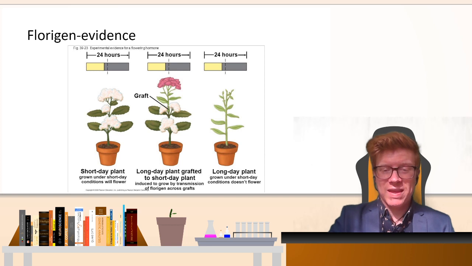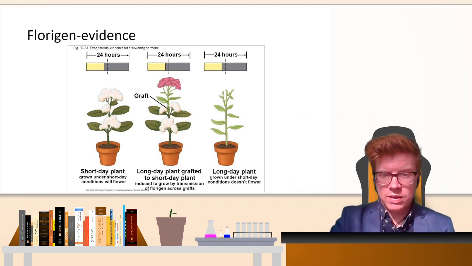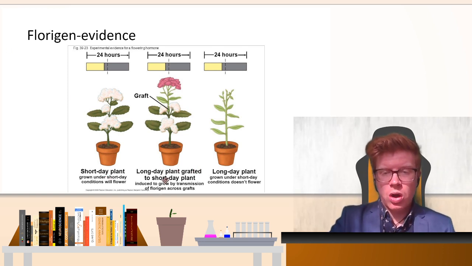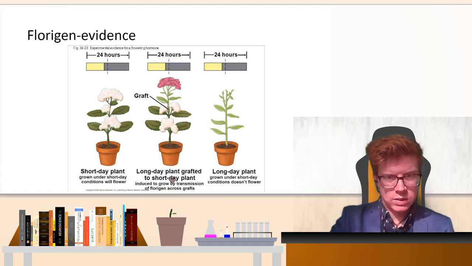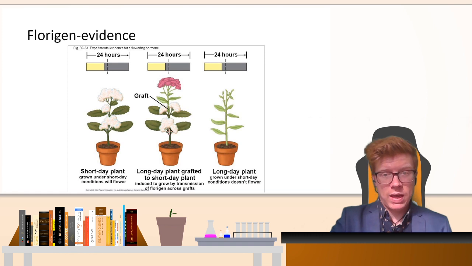There's some information here about the evidence for the presence of phloragen, or evidence for a hormone that triggers flowering. And one of the interesting things here is that if you graft a long day plant onto a short day plant, what you notice is that flowering occurs in that long day plant even when the critical day length for that long day plant hasn't been reached.